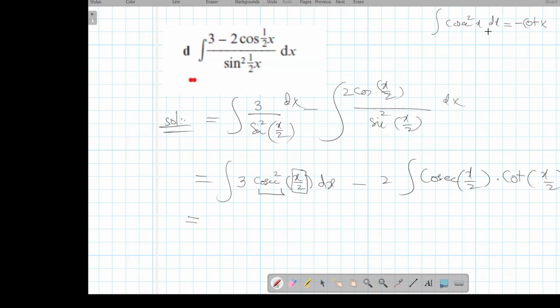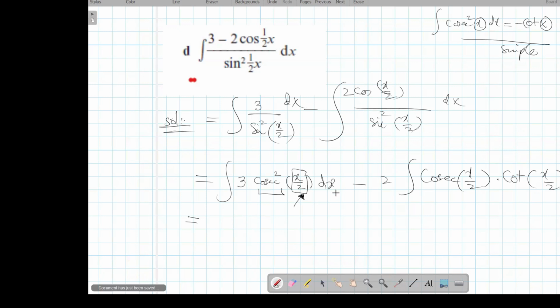But we don't have x here. If we had x, this would be simple. But we have x over 2 in the argument, so this is different. We have to use the reverse chain rule here.